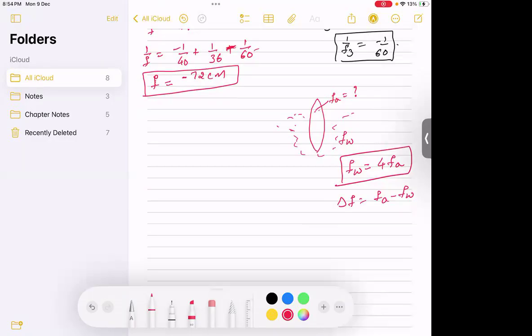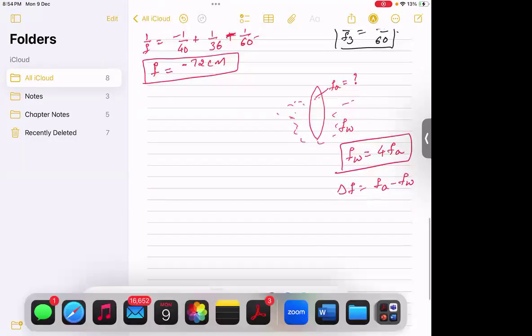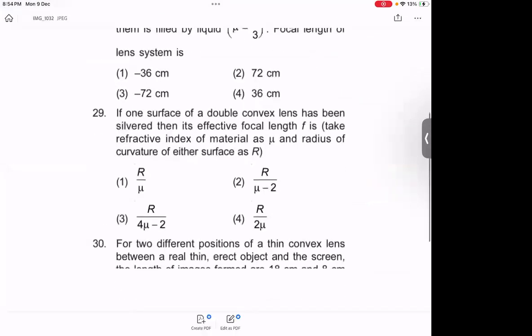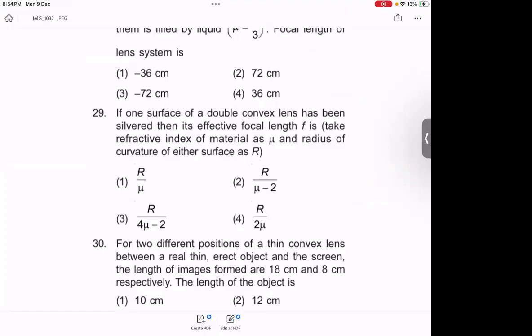If you want, let me see one more question. Yeah, look at this, 29. If one surface of a double convex lens has been silvered, then its focal length F is. Take the refractive index of the material as mu and the radius of curvature of either surface as r.